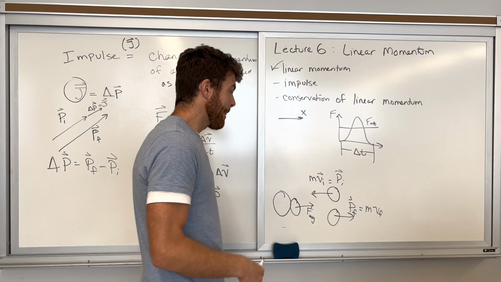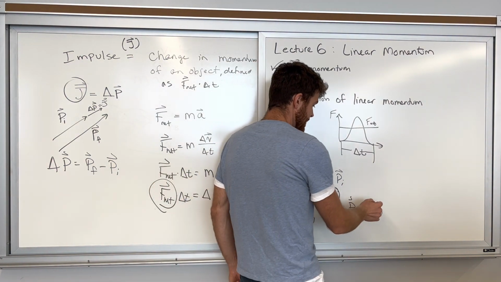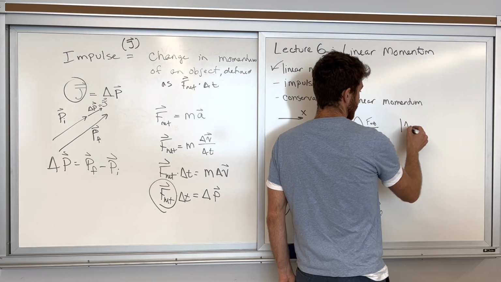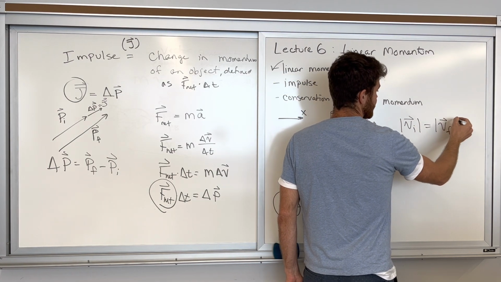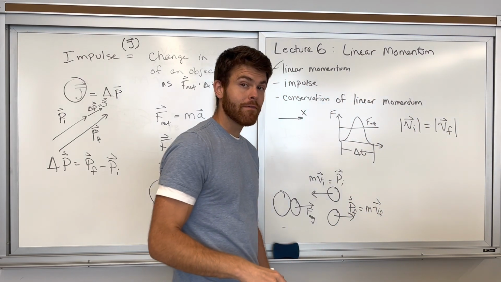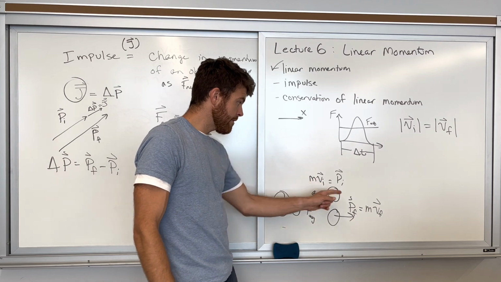So the baseball, let's say it's even moving at the same speed. So the magnitude of v initial is equal to the magnitude of v final. We're moving at the same speed, but they have different velocities, right? Because v initial is negative, v final is positive.